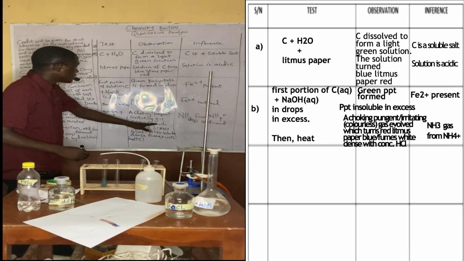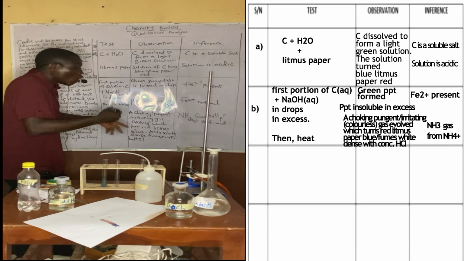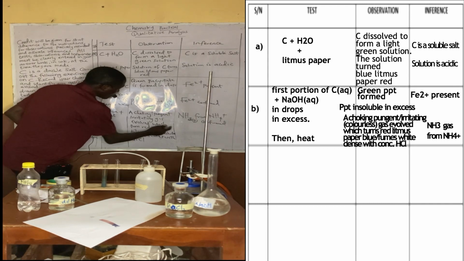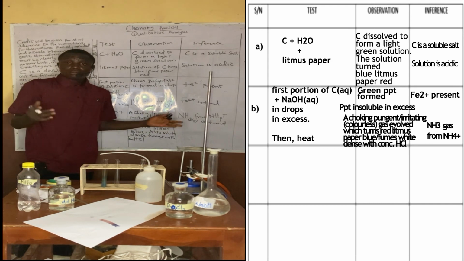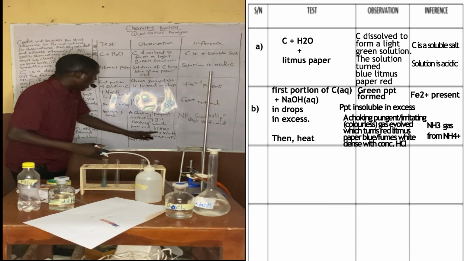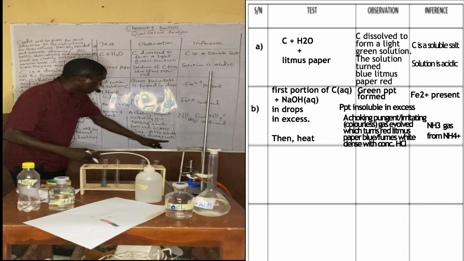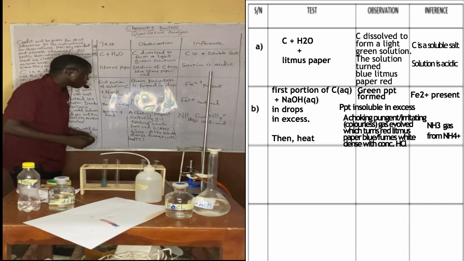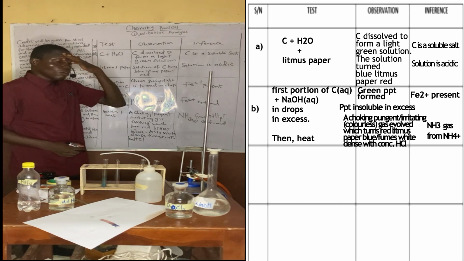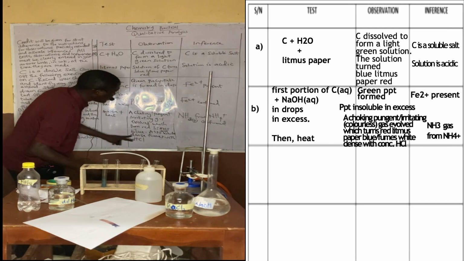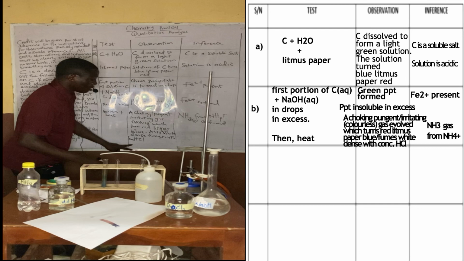So now a choking, potent, irritating gas evolved which turns red litmus blue. It also forms white dense fumes with conc HCl.